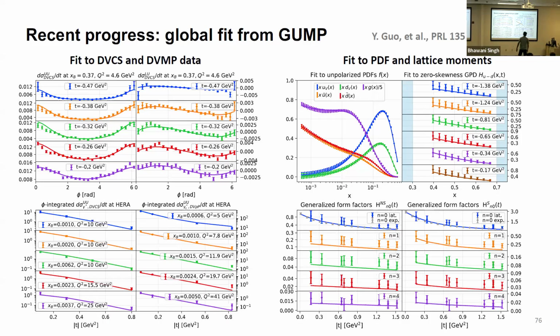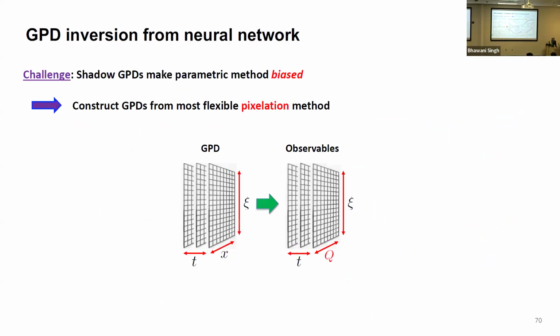Okay, so maybe I can quickly go through this. From the previous discussion, we've seen that it's difficult to extract the x dependence of GPDs.